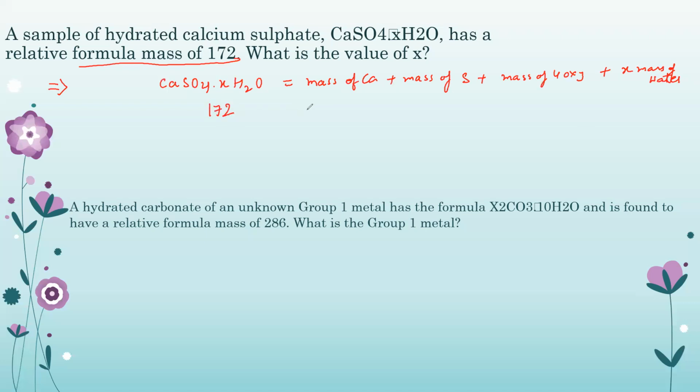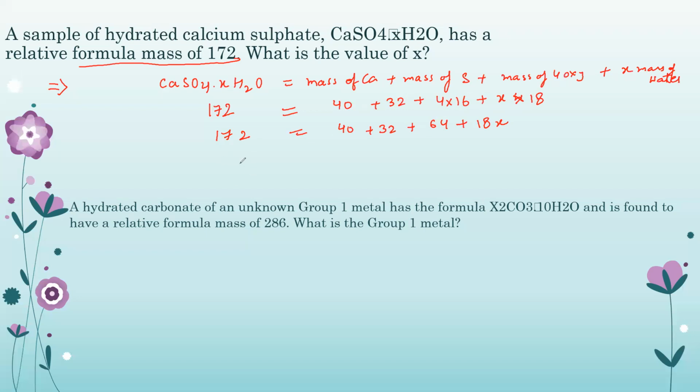172. Correct? So 172 is equal to the mass of calcium, which is 40, mass of sulfur is 32, mass of oxygen is 4 times 16, plus x times the mass of water, which is 18. So 40 plus 32 plus 64 plus 18x equals 172.